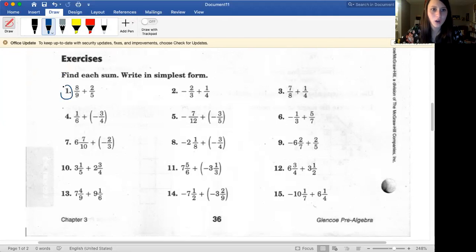So let's do 1, 4, 7, 10, and 13. We'll just do this whole column of fractions, and then we'll kind of see how that goes, okay? So you can pause the video and work those out if you'd like, or if you want to watch me do a few more, you can definitely still stay on here.